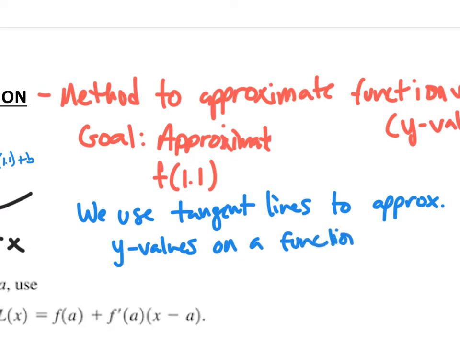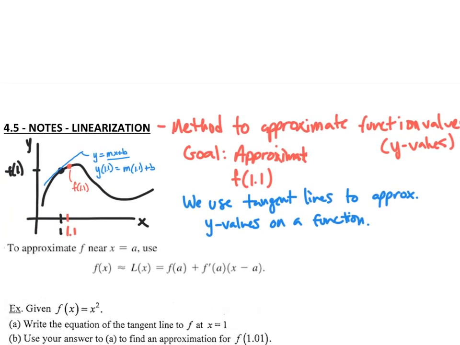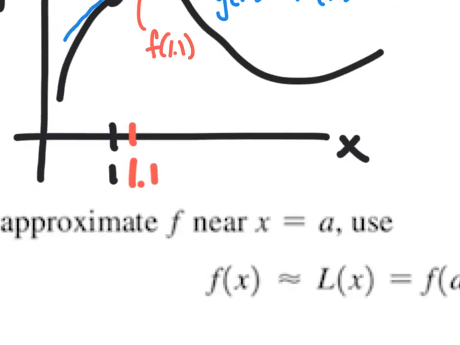So it's a pretty useful tool. This is pretty basic as far as approximating y values. Let me come in here and draw in a y value here at 1.1. You can see that these y values are pretty close to each other. They're not too far away, so we're just approximating them.